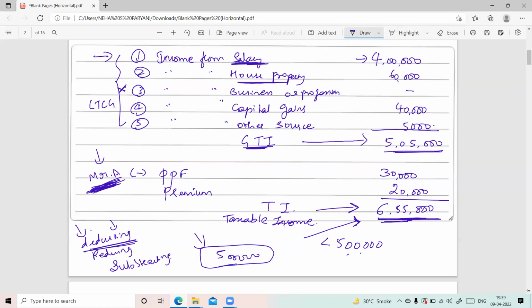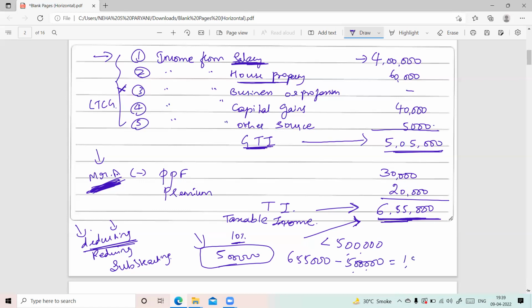It's not 4,55,000. Assume it was 6,55,000. In this case, the income is more than 5 lakh, right? So Mr. A is liable to pay tax. As per the current slab rates, Mr. A has to pay 10% tax on which amount? On the amount which is more than 5 lakh. Out of 6,55,000, deduct 5 lakh rupees which are exempt.